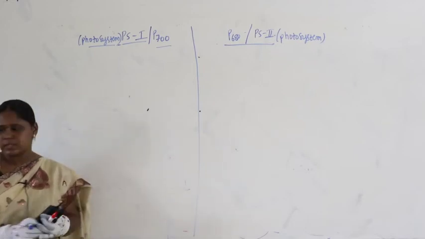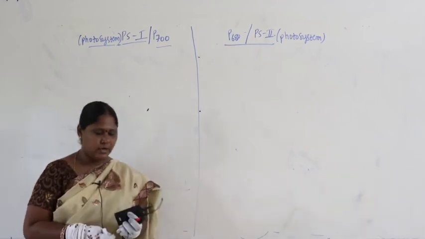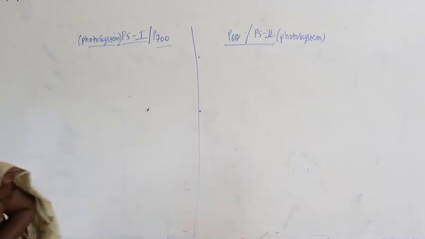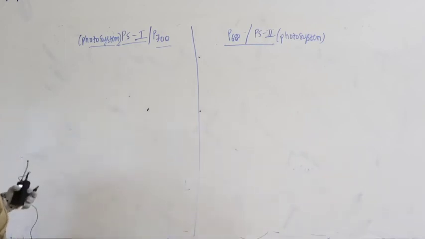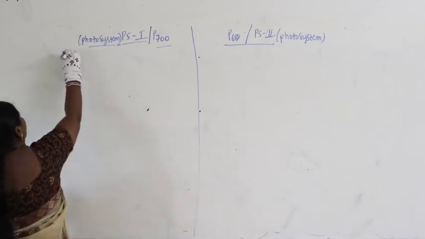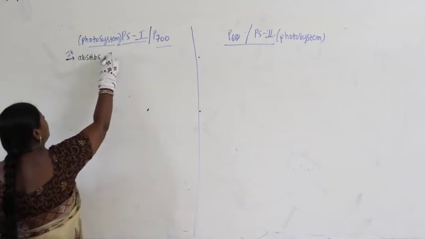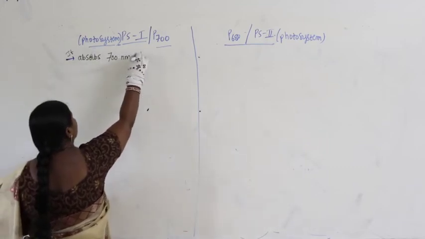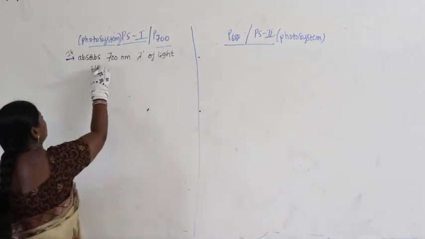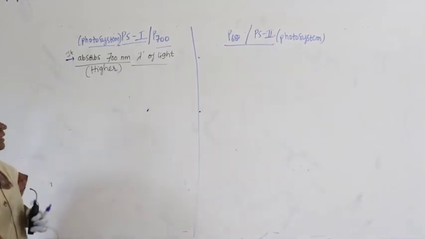Almost the same similarities come up, because we already have studied the cyclic and non-cyclic electron transport system, right. So here photosystem 1 absorbs a 700 nanometers wavelength of light, that is nothing but a higher wavelength. We already know that very clear difference.